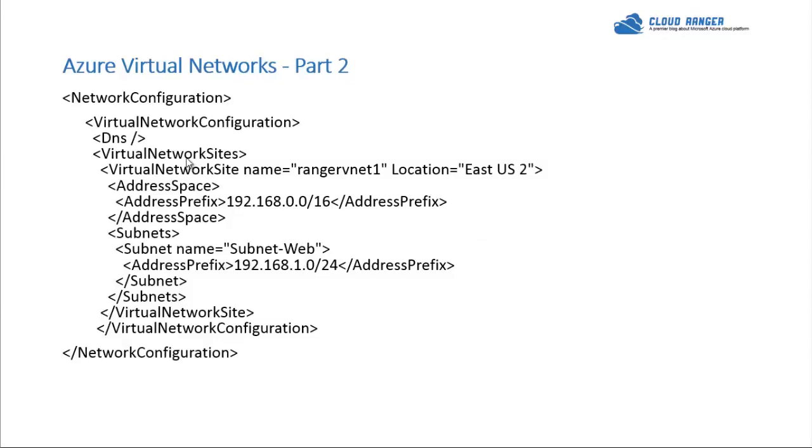You can see the virtual network site, we have the site name, the location, the address prefix where we created the prefix of our network, the address space, and the address prefix here is for the subnet. These are not all the elements that you have seen here. For example, we did not put values for the DNS, but here it is. If you had put that, it would have been here.